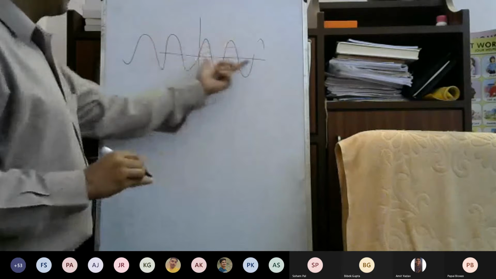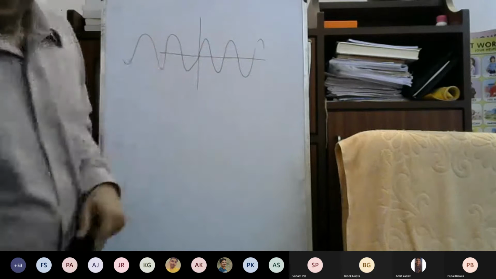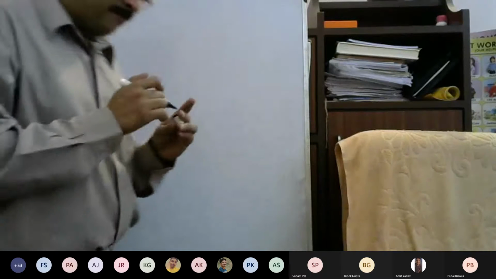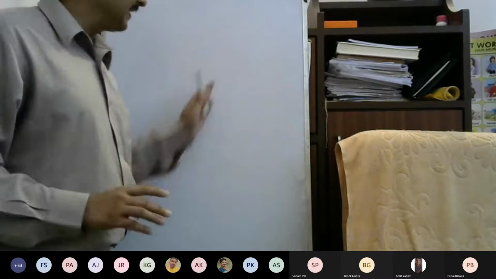So you cannot differentiate this motion from that motion. The negative time also has some usefulness if you consider shifting in time, but that is a different thing. I will not consider it in this class.